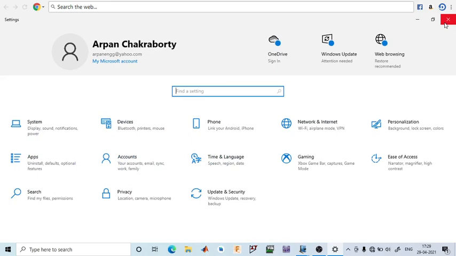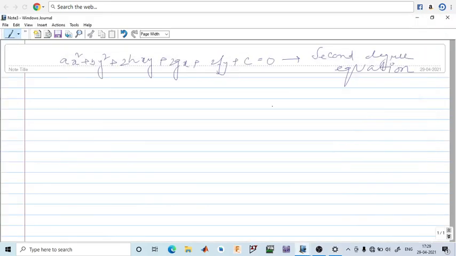So there's no issue. But for a circle, what is the condition? The condition is that there should be no xy term, implying h equals 0.